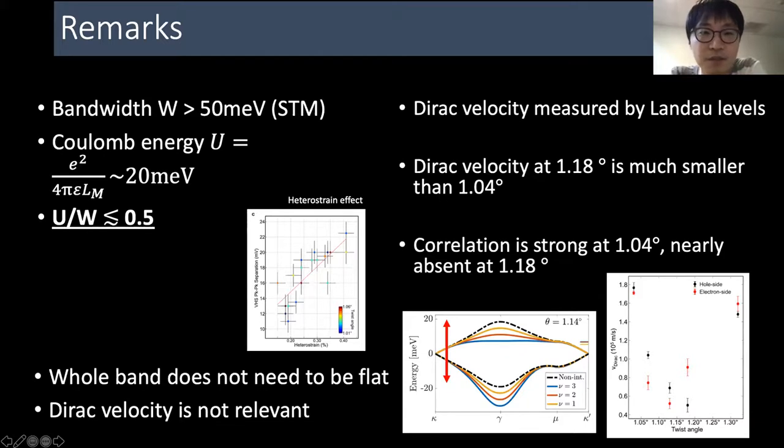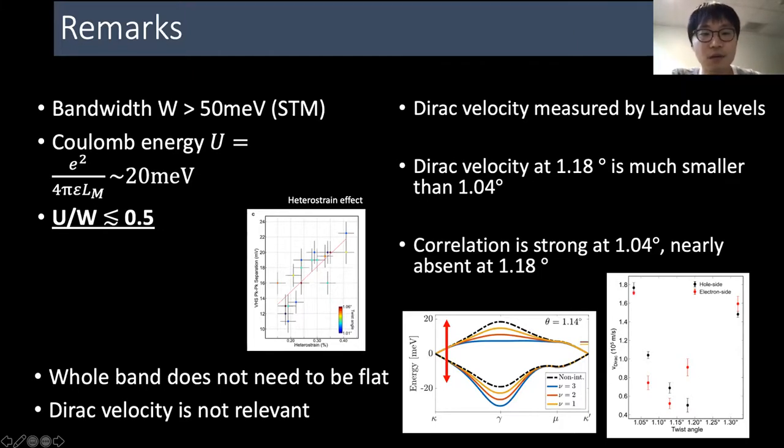Also, we can measure Dirac velocity by Landau levels, and the Dirac velocity at 1.18 degree turned out to be smaller than at 1.04 degree, which is very strange because we see a strong correlation at 1.04, and at 1.18 basically the correlation is nearly absent.